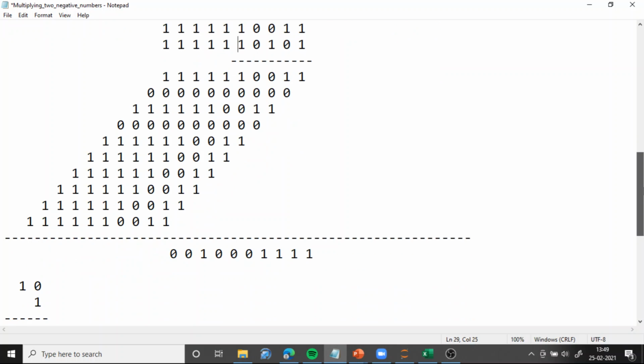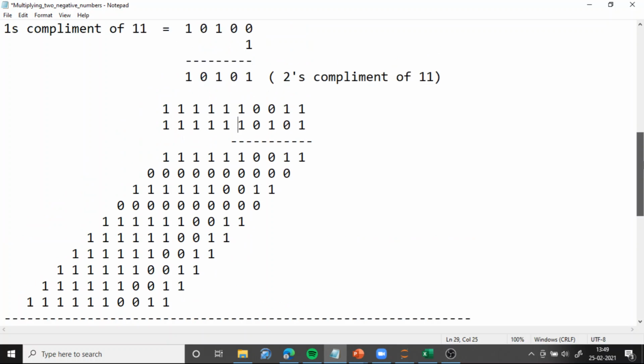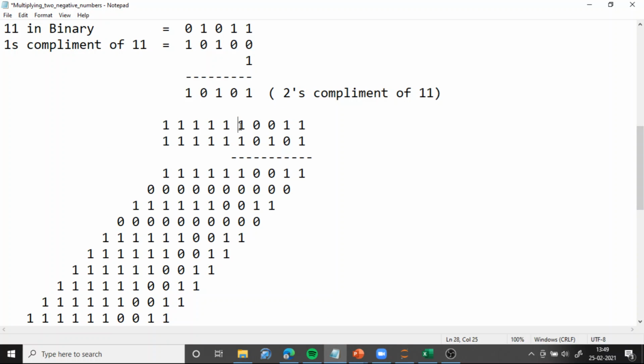Okay. Finally, add all these things. But how many times should you add? This keeps on going. There is no end. Here also you can extend the sign bit. So you may ask how long we should do. The actual input contains how many bits? 5 bits.